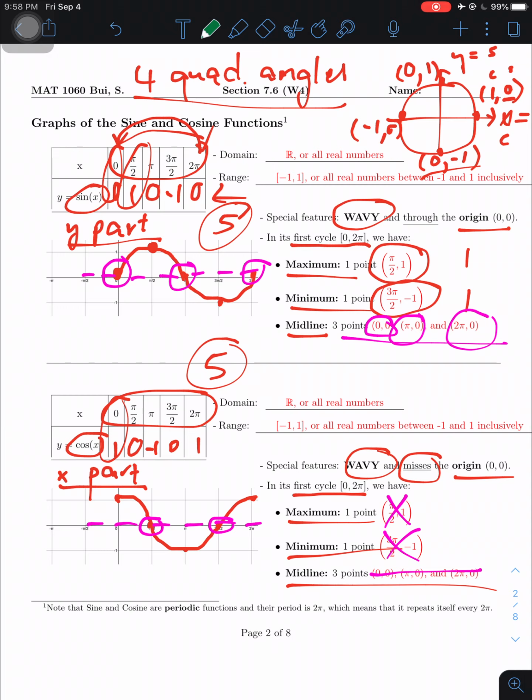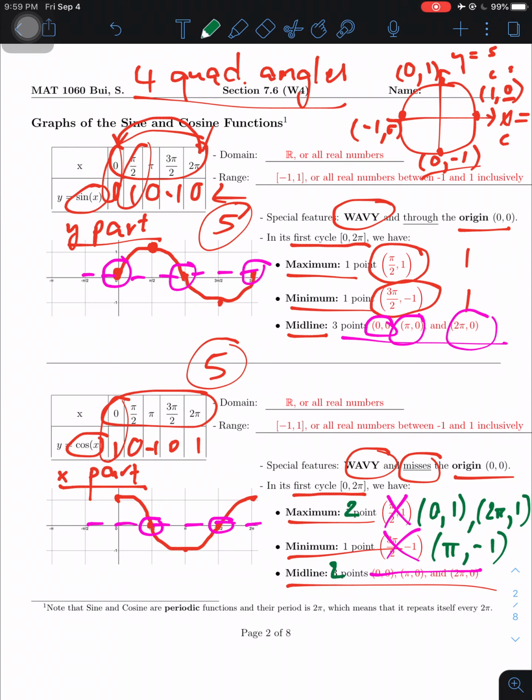So for the maximum, we're going to have 2 maximum points in here, okay? The first one is 0 and 1, and the other one is 2 pi and 1. For the minimum, we're going to have just one of them, which is at pi and -1. And for the midline, we're going to have 2 points, not 3, but 2.